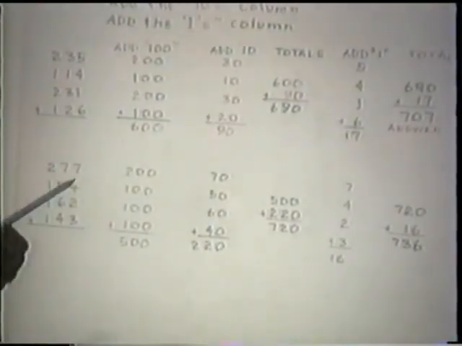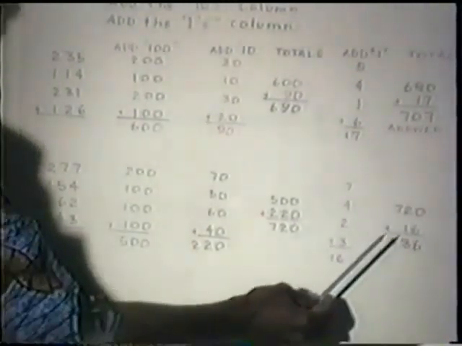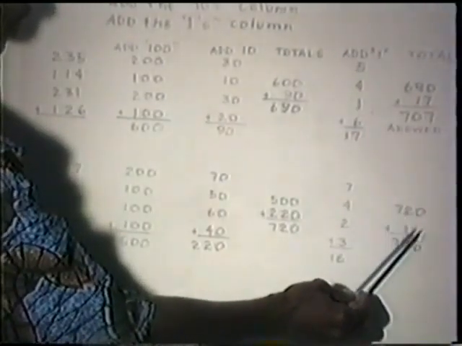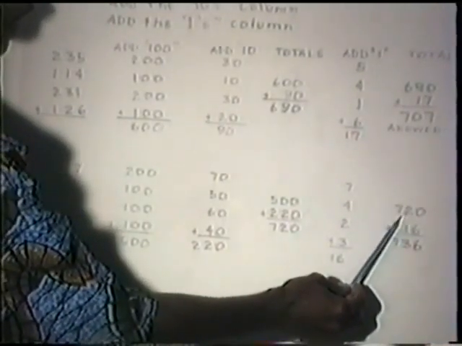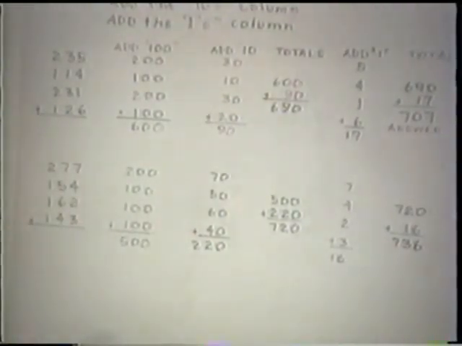Then we add the single digit column. 3, 2, 4, 7 gets 16. We add the 16 to the sum of the tens columns and 100 columns, 720, and we get 736 as our answer. That's addition from left to right. You may want to put it on pause and copy it.